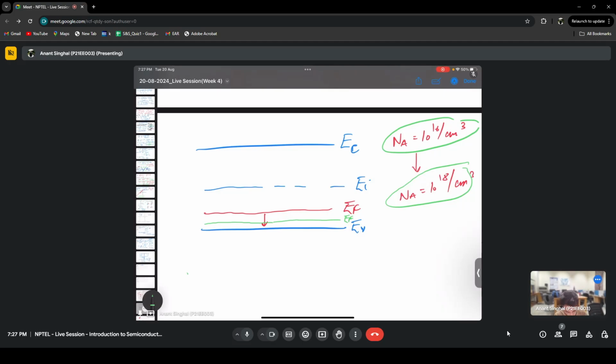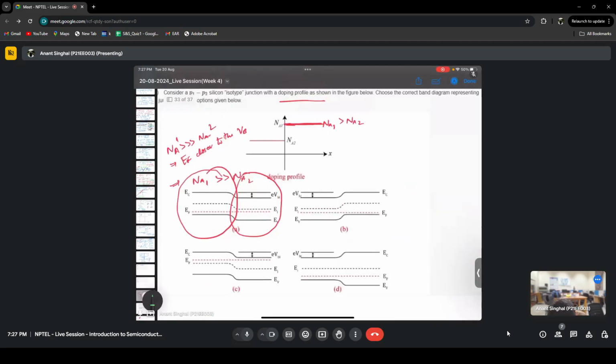Yes, sir. So if that is the case, in this particular case, these are the two gaps. So first of all, the Fermi level is always below Ei.